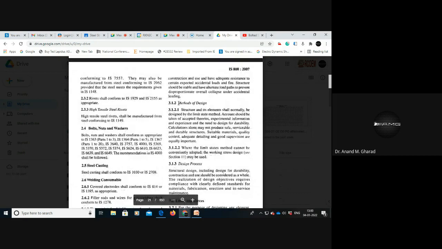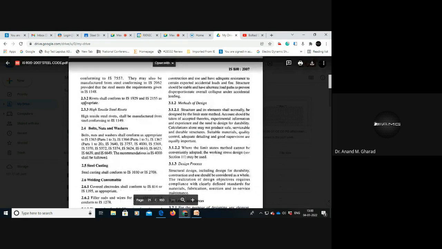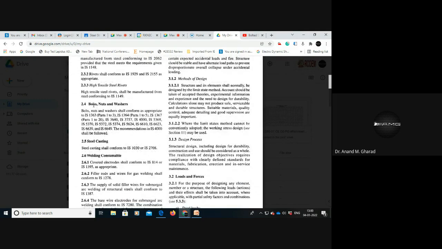Yes, now see. Riveted connection: rivets shall conform to so and so. And this is the clause related to bolts, nuts, washers, etc. Right now we are discussing everything in relation to bolts. Initially we will discuss the beam part, or the horizontal member.